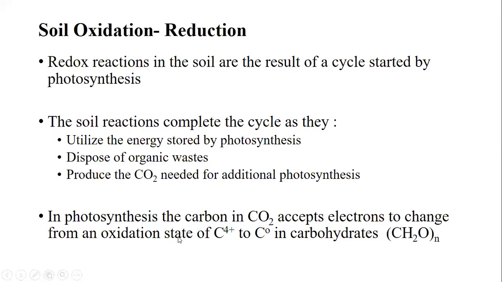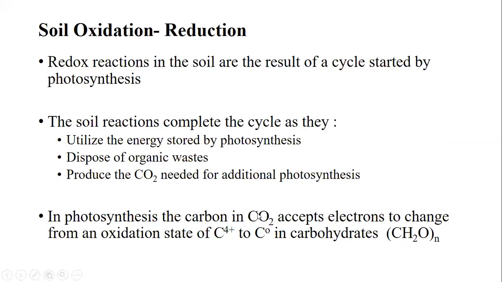In photosynthesis, the carbon in CO2 accepts electrons to change from an oxidation state of C4+ to C0 in carbohydrates, CH2O. This is a simplified form of a carbohydrate molecule, so that it just shows the ratio. You multiply it, we have a long chain, but we simplified it as CH2O.